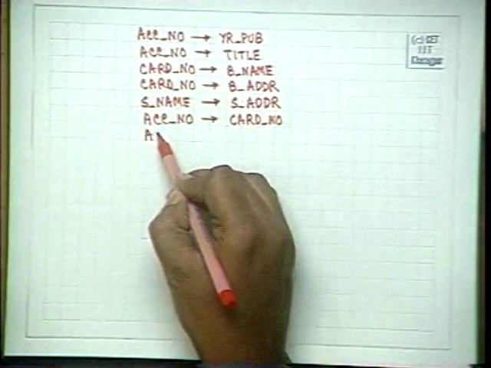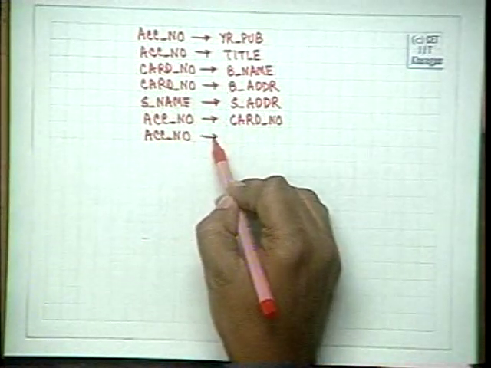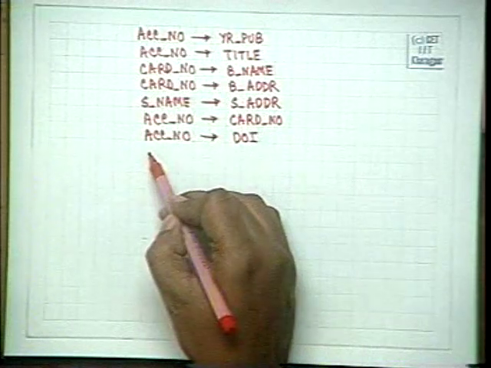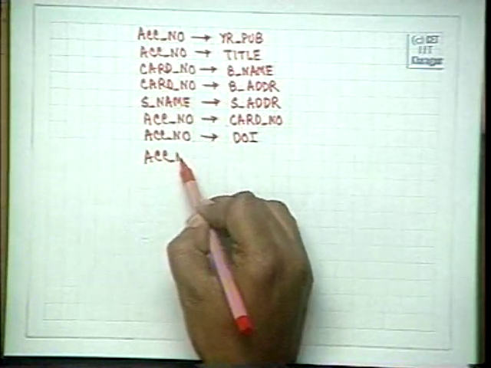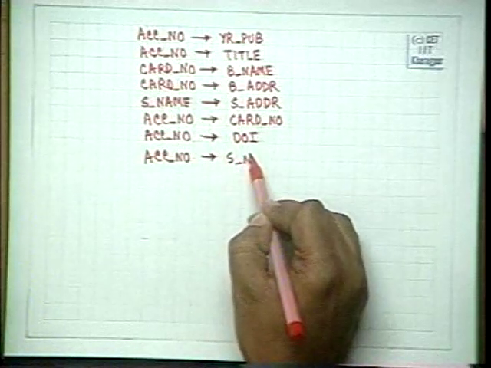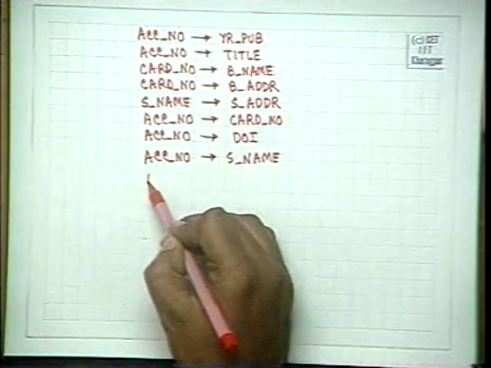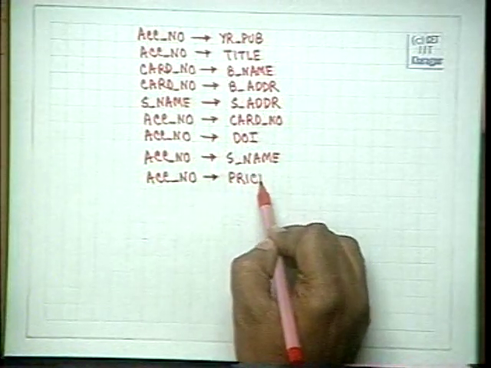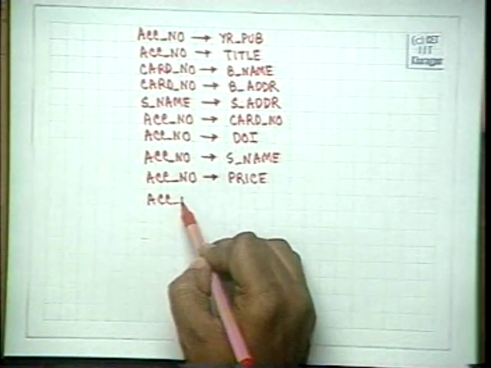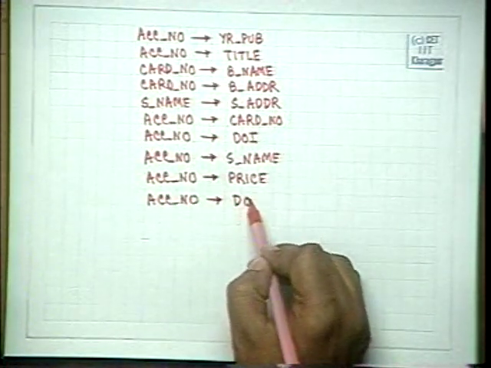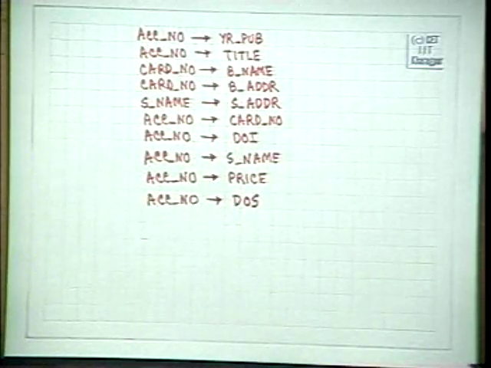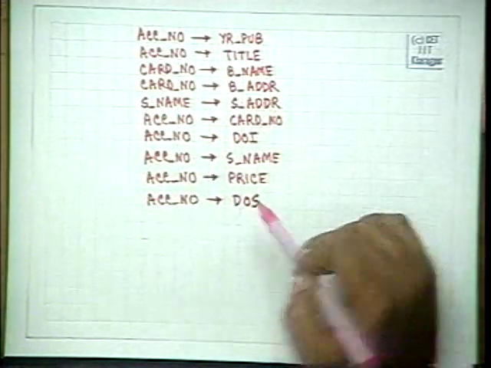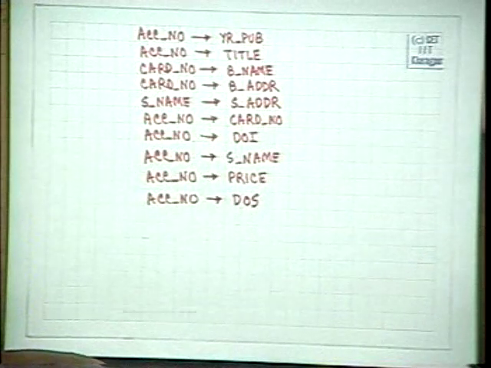We also had accession number to date of issue, accession number to supplier name, accession number to price and accession number to date of supply. So, based on our primary key concept, these are the checks which will have to be done during every insertion, updation and deletion as well.